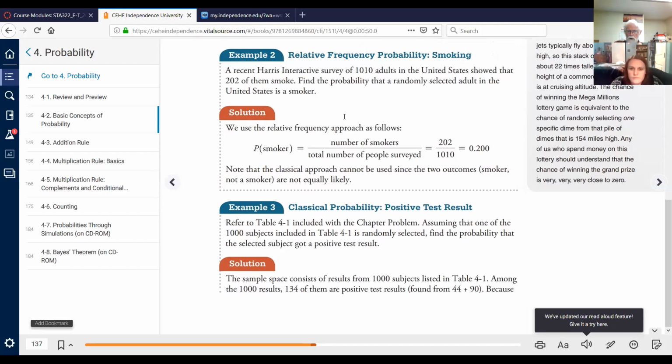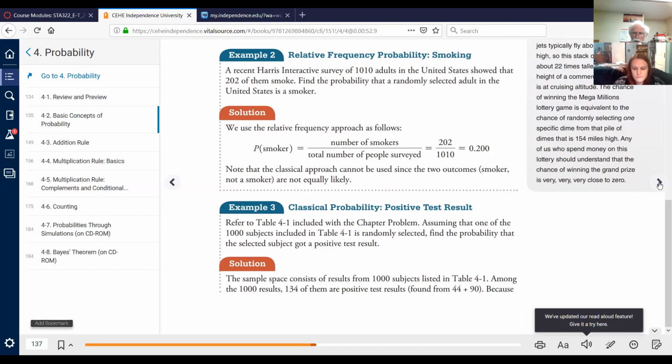So it's difficult to put much into this, other than if we have a large enough database, we can assume that if we scale it up further, 20% of the population smokes.